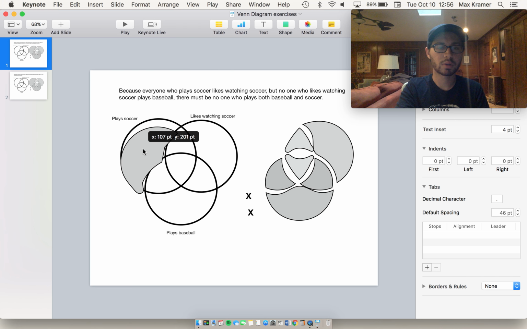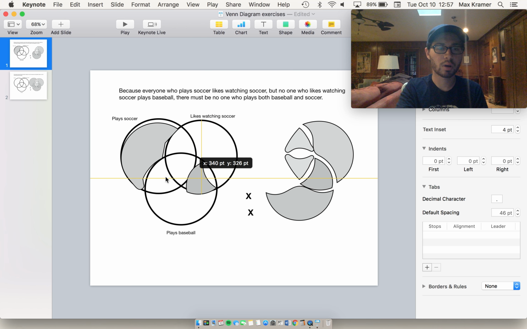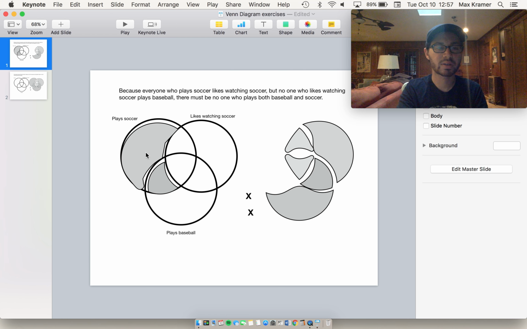So what that will look like is we're going to shade here, right, because no one can play soccer without liking watching soccer or playing baseball. And again, this intersection is these two segments right here. So we'll also have to blot out this section here. Cool.